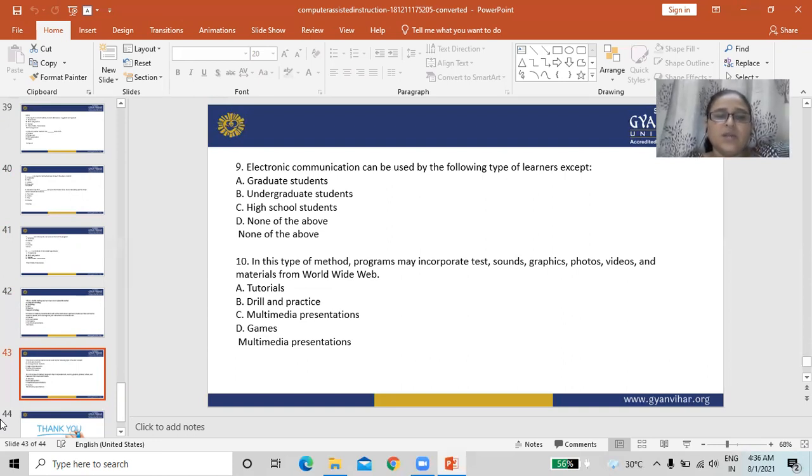The type of method where a program may incorporate text, sound, graphics, photos, video, and materials from the World Wide Web. Option A tutorial, option B drill and practice, option C multimedia presentation, option D game. Correct answer is multimedia.